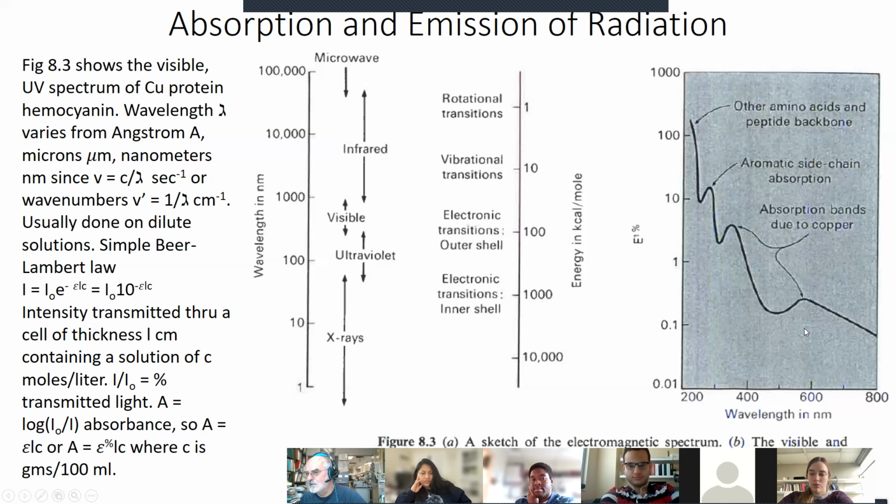It has a certain color, so you can see that partially. This is the visible part of the spectra. So copper will have certain kinds of colors depending upon what it's bound to. That will distinguish it, for example, from iron or other kinds of metals. And so that all has to come from other kinds of information.